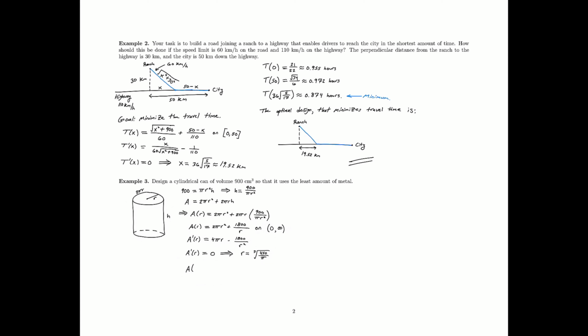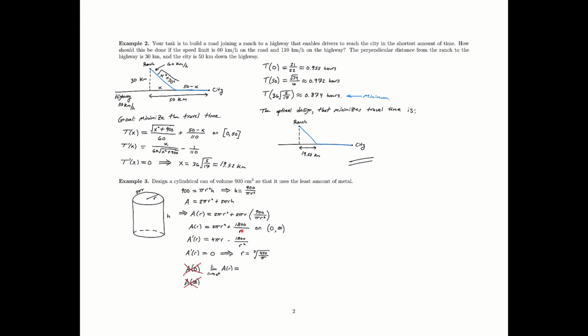well, we can't plug in 0, right? We can't plug in infinity. So instead of writing it like this, we're going to do a limit. So we'll do the limit as r goes to 0 from the right of A of r. What does that equal? Well, look up here. As r goes to 0, this term goes to 0.